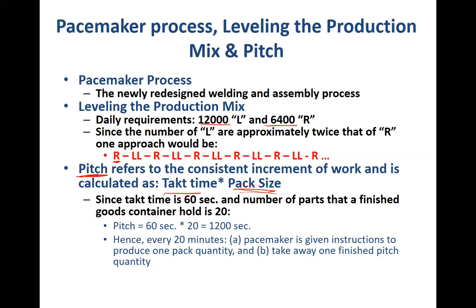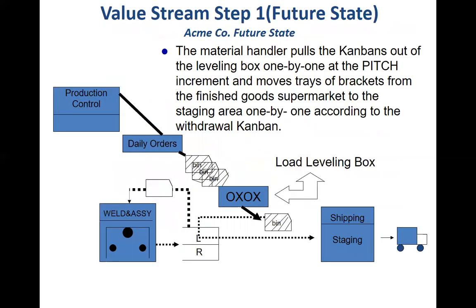And that's how the idea of pitch comes into play, that it helps in coordinating in a certain frequency different processes that are involved. So this is the way we show a load leveling box, which essentially does what we just talked about.